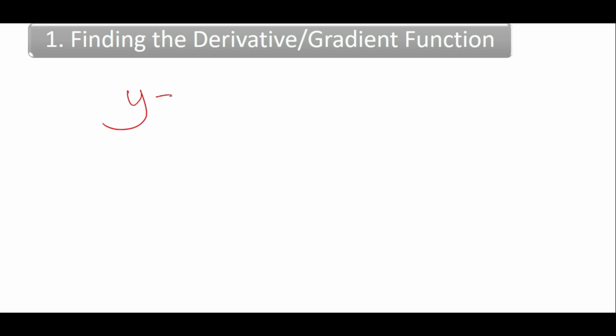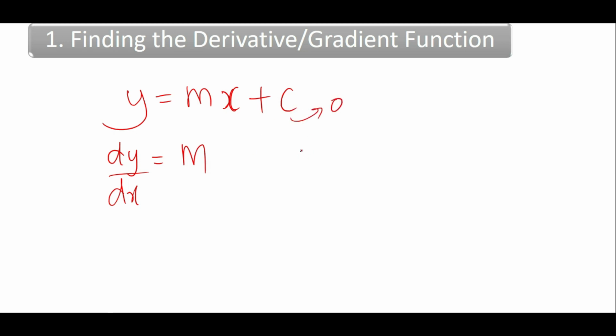Considering a linear equation y equals mx plus c, if you take the derivative, which is dy by dx, you can see that here it is x, so the derivative of x is 1, and what is left is just m because the derivative of a constant is 0.